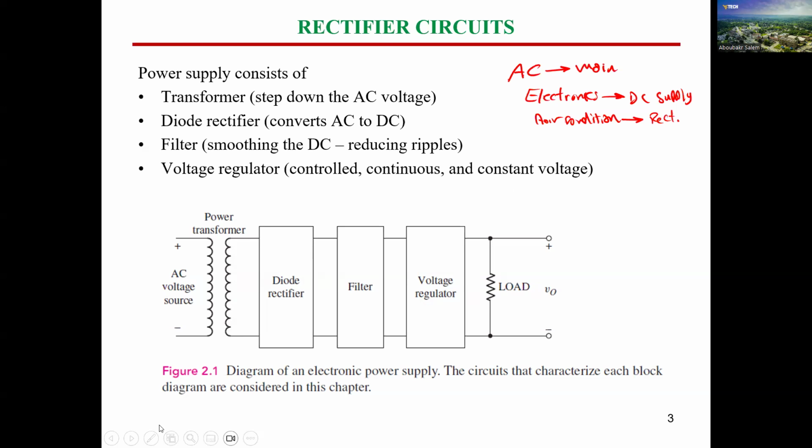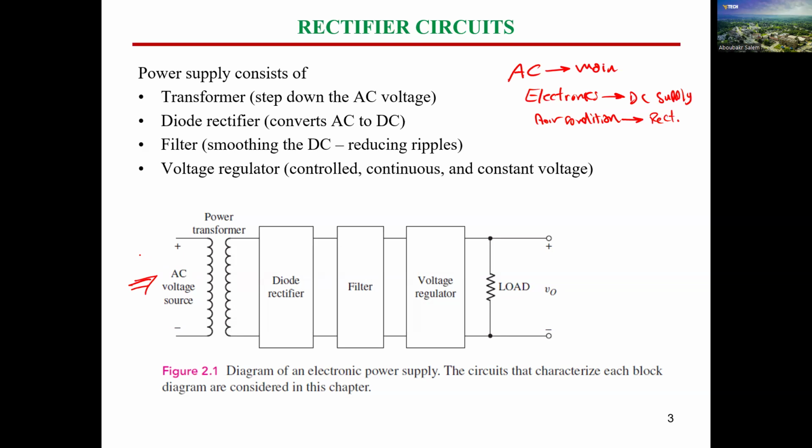Since the main supply is AC coming from the electrical company and supplied to any home, the voltage we have in the regular domestic AC load is 110 volt, 115 volt. So this is the range of the AC input.